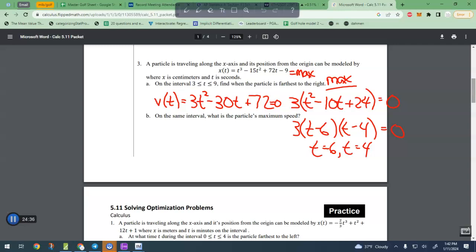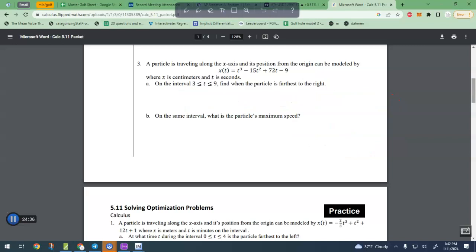So I've got 4 comma something, I've got 6 comma something, because they're critical points. But I've also got 3 comma something and 9 comma something because those are endpoints. So you have to check both types.